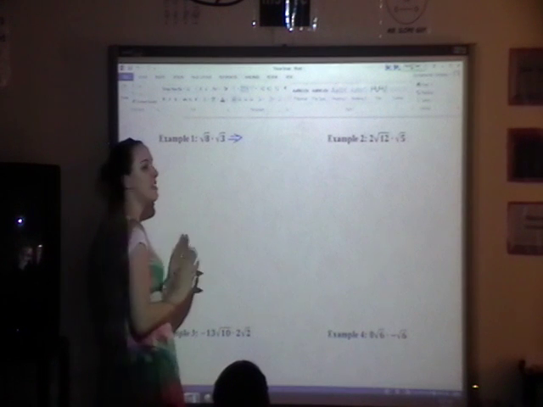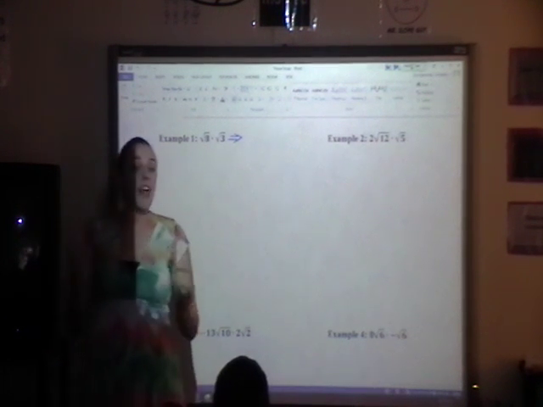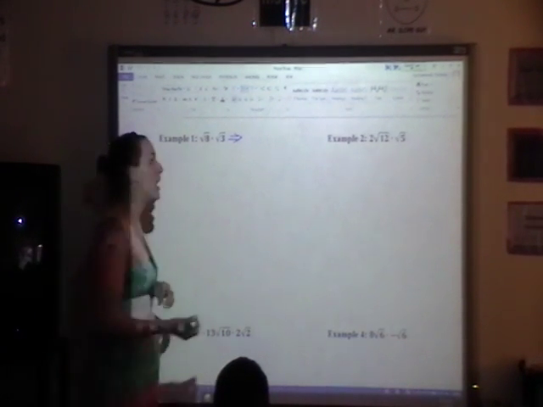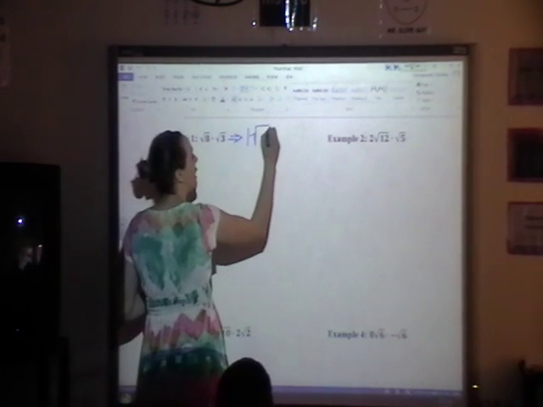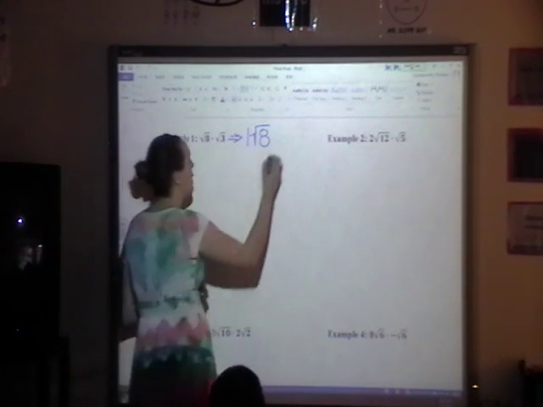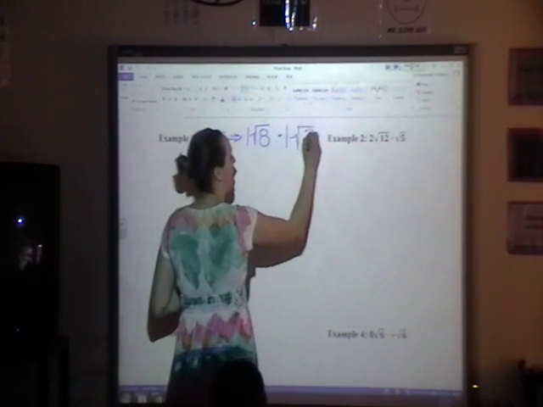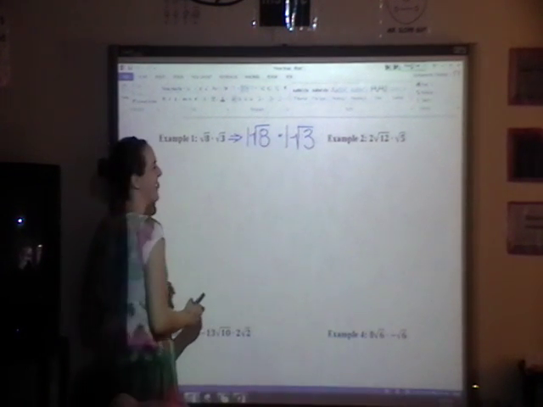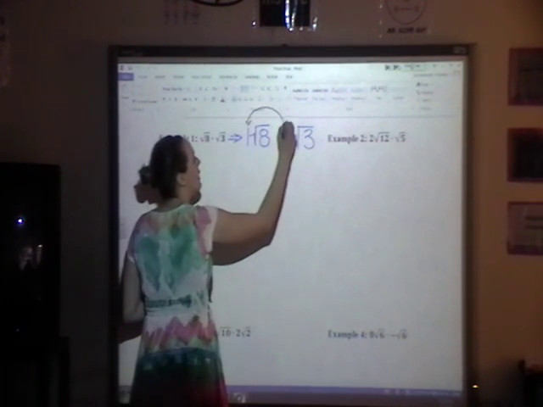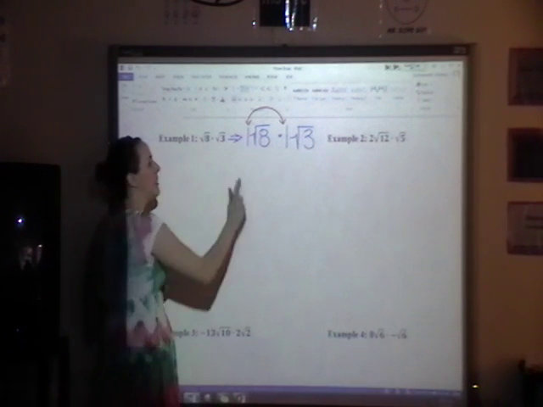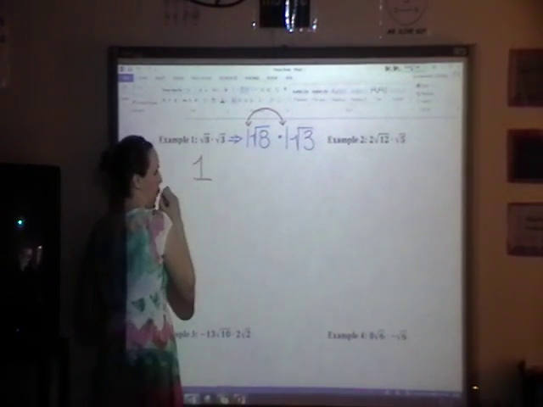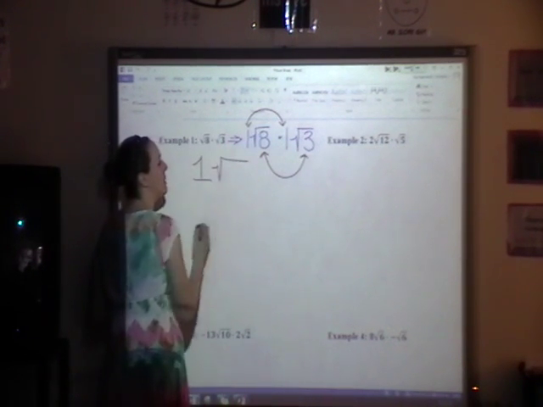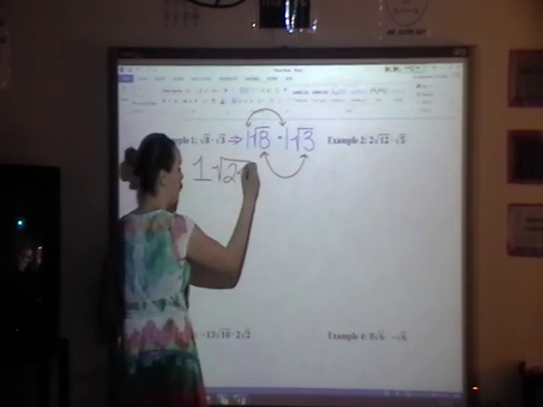For those of you who don't see it, treat radicals like a variable. So if they don't have a number on the outside, there's an imaginary 1. So it technically looks like 1 radical 8 times 1 radical 3. Step number 1 says multiply outside numbers together. What is 1 times 1? 1. Step number 2 says multiply inside numbers together. What's 8 times 3? 24.